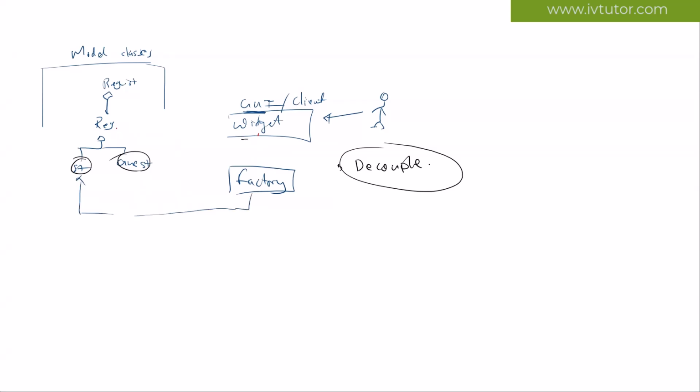If we put our relationships here, let me just put this in a different color so it's clear. So your factory is the one that's going to know about all the different types of registrations. Your factory knows about the actual registration. So that's your factory. And then your client simply requests a registration from your factory. So your client is now decoupled from types of registrations.